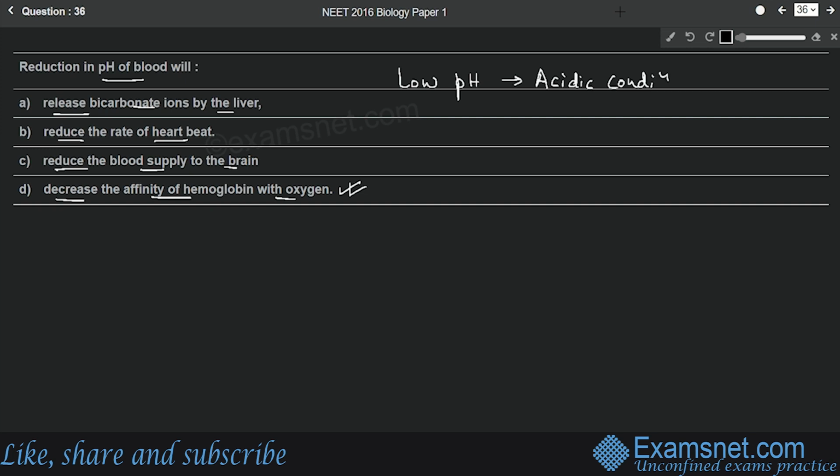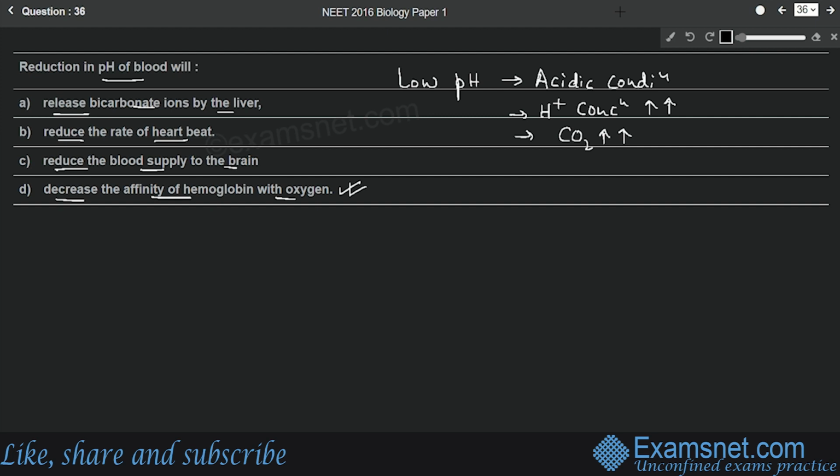Now what does acidic condition mean? It means that there will be more H plus ion concentration. Okay, so H plus ion concentration will increase, and due to this increase the concentration of carbon dioxide will also increase. Okay, why the amount of carbon dioxide will increase?